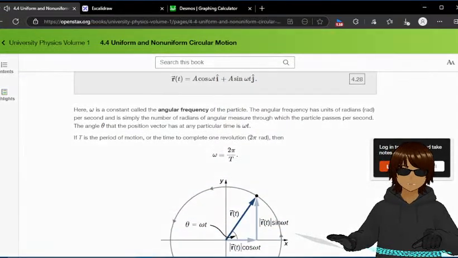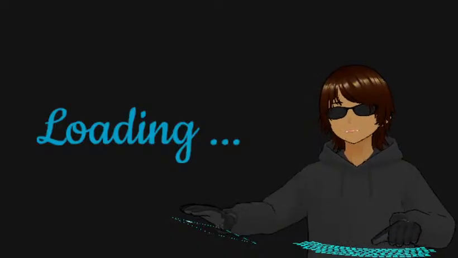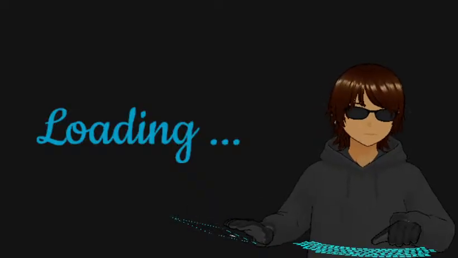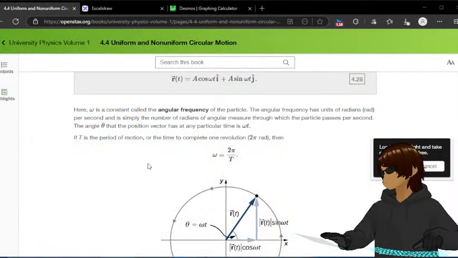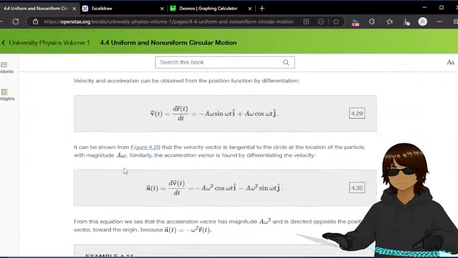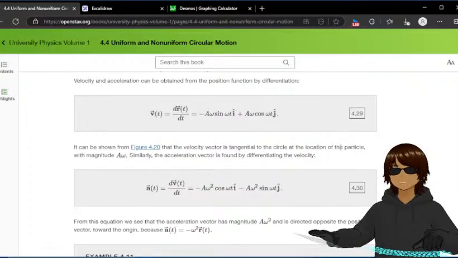Yeah, it is omega. It can be shown from the figure that the velocity vector is tangential to the circle at the location of the particle, with magnitude A omega.